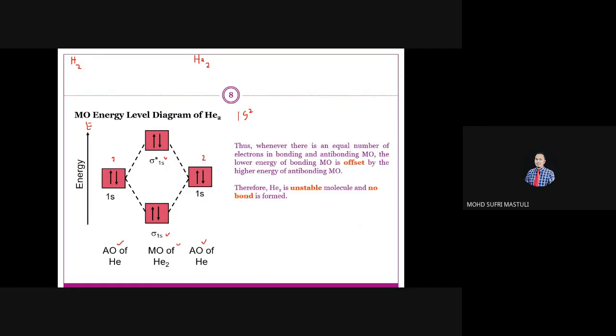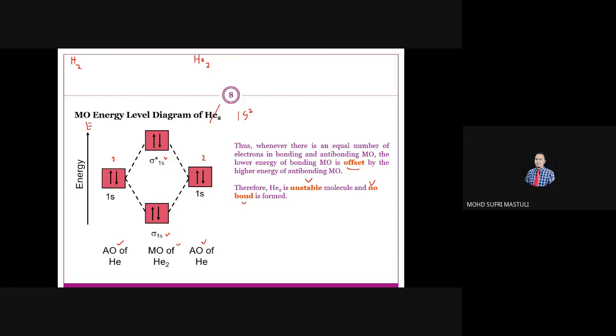Whenever there is an equal number of electrons in bonding and anti-bonding orbitals, the lower energy of the bonding molecular orbital will be offset by the higher energy of the anti-bonding one. So He2 is basically unstable with no bonding, meaning the bond does not exist.